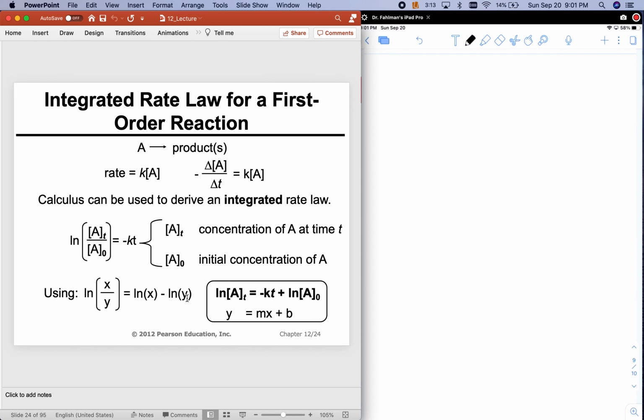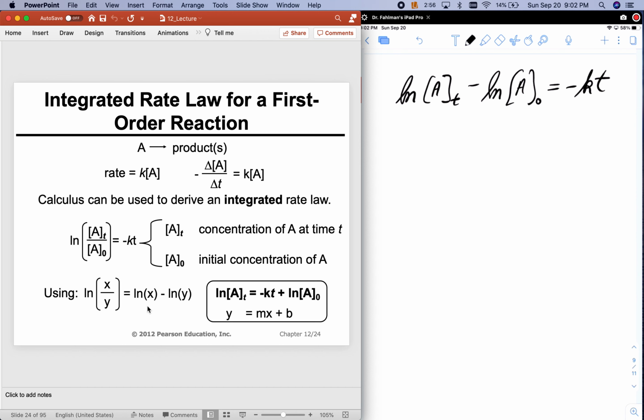So you can turn this into this expression. Let me write that out: natural log of A at time t minus the natural log of A at time 0, your initial concentration, is equal to minus kt.